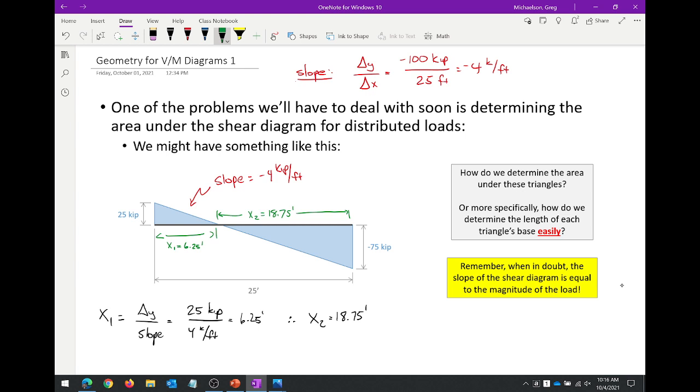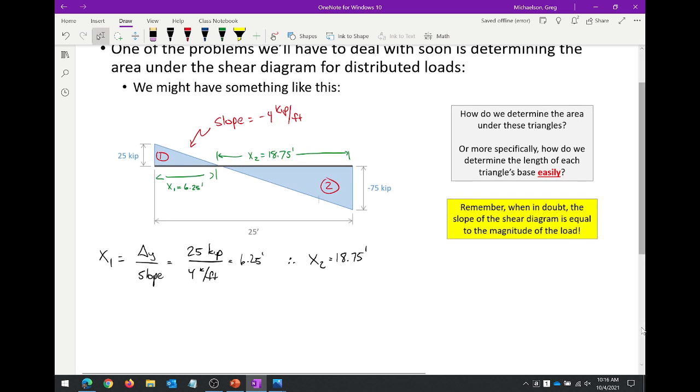And also just look at the scale, look at the numbers. Does intuition tell you that the values make sense? Yeah, right? So if I want to determine the area of this first region, we'll call this region 1. We'll call this region 2.